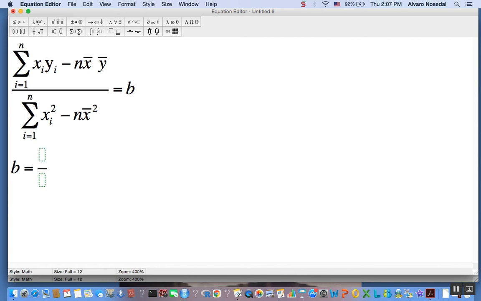Anyway, in your textbook, they refer to summation of xi, yi as x times y bar. And then they refer to this as x squared bar. So you end up with the same formulas.